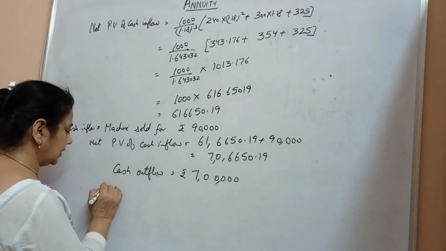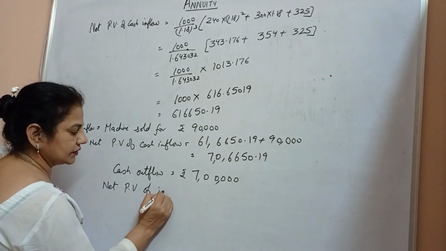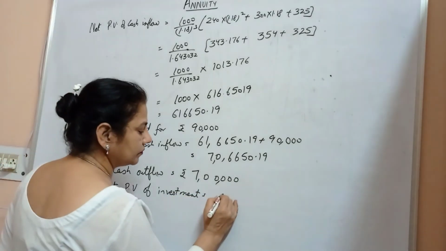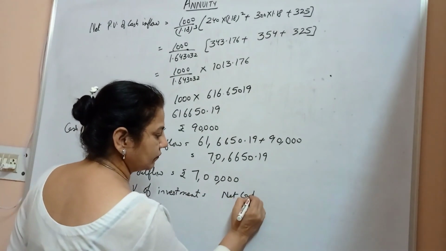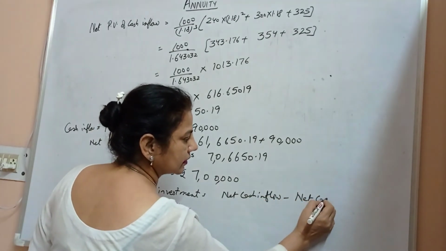So we have net present value of investment equal to net cash inflow minus net cash outflow.